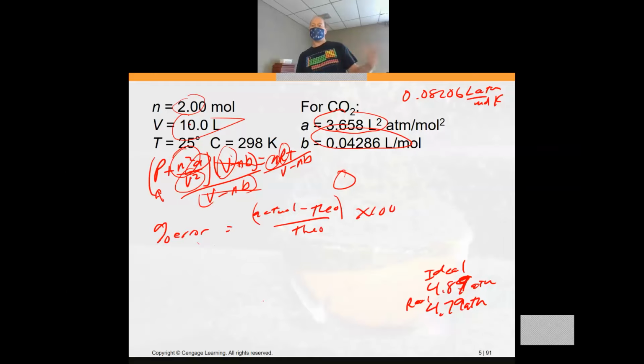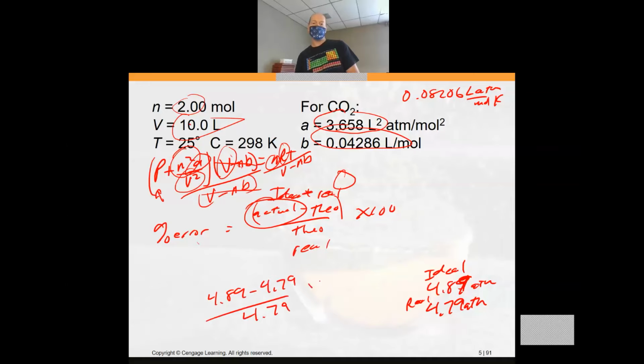So what we got in the lab, the estimated, was the ideal. So this is ideal versus real. Real's the correct answer, so over real. So ideal 4.89 minus 4.79 divided by 4.79 times 100.